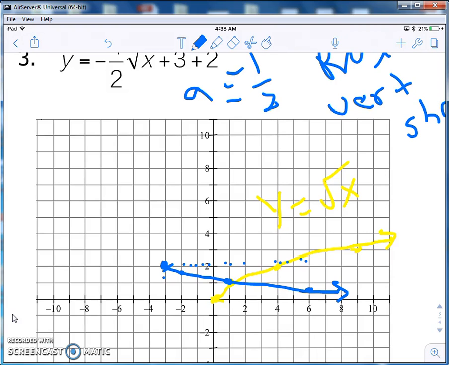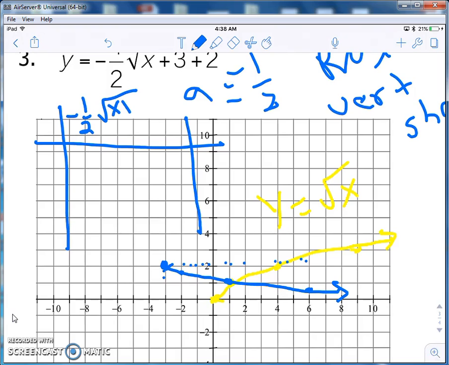Now, if we were to look at the tables, you can always graph using a table. I'm going to give myself a little more room this time. After we plug in for x, we need to add 3, take the square root, multiply by -1/2, and add 2.